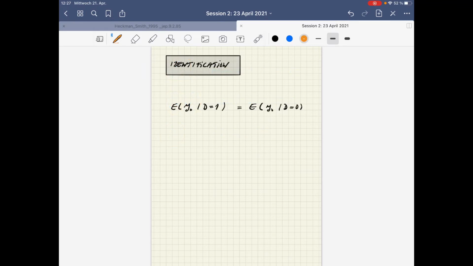So how do we identify the causal effect using expected value notation? What we want to do is get rid of the so-called selection bias, right? So this is here the selection bias.